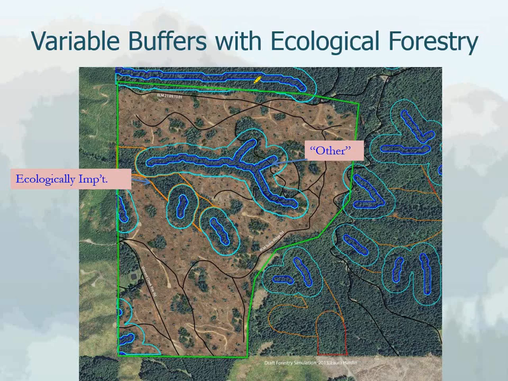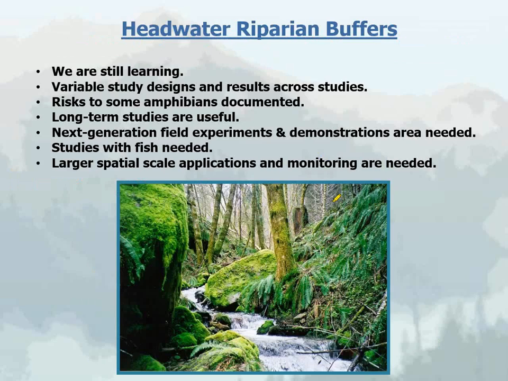This is what his example looks like, where the blue part is the buffer, but then you have a lot of discretion of where you put your leave trees from your upland ecological forestry condition, and a lot of those are put along the buffer.